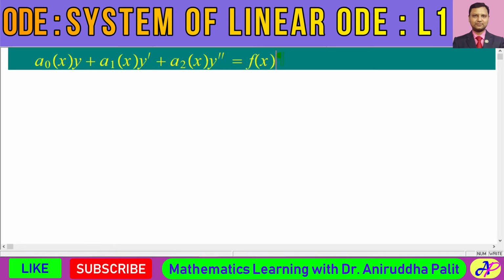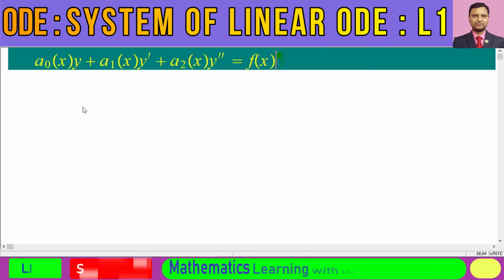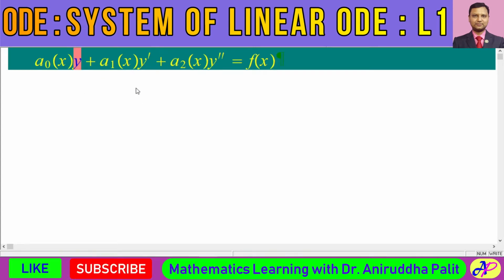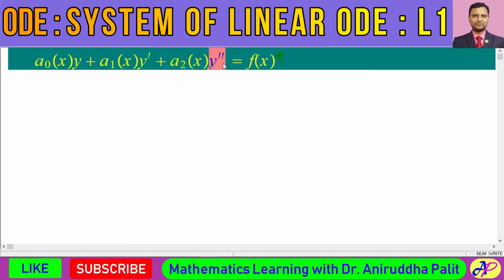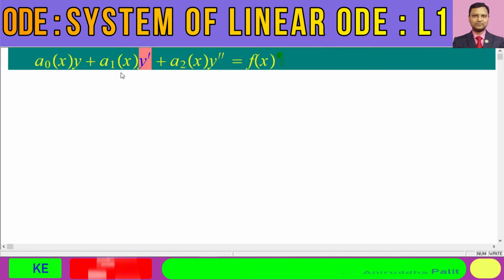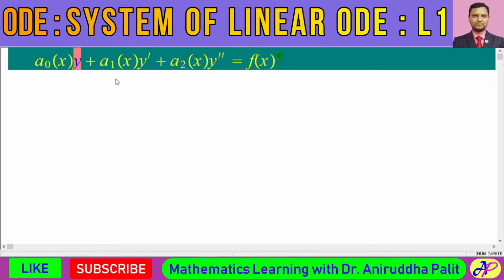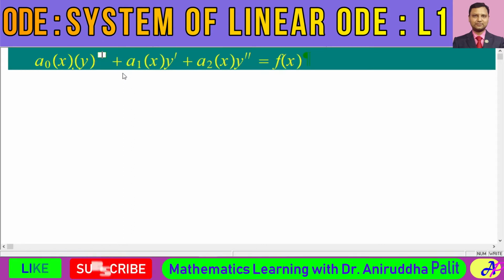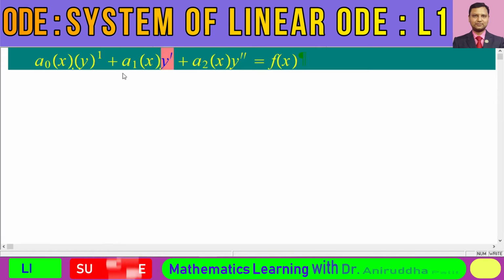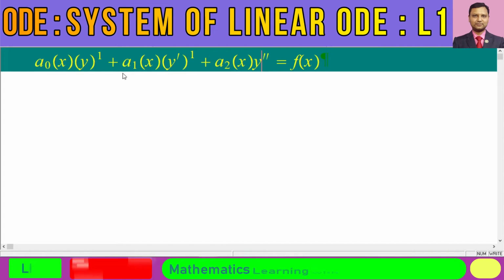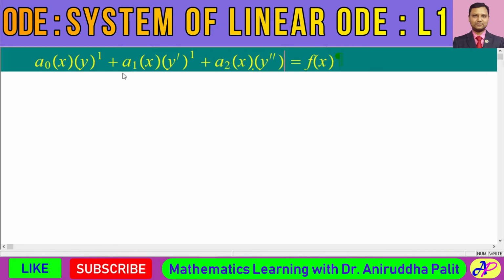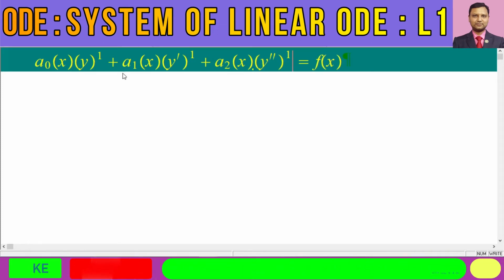So what is this? Over here, you can observe that the power of the dependent variable y and its derivatives, all these quantities, is equal to 1. We can write it in this way: y to the power of 1, y prime to the power of 1, and maybe y double prime to the power of 1.